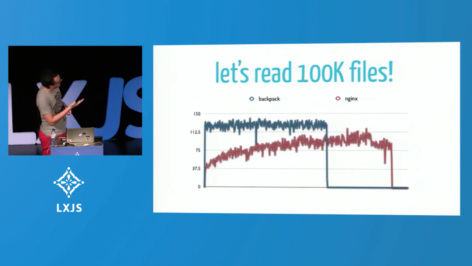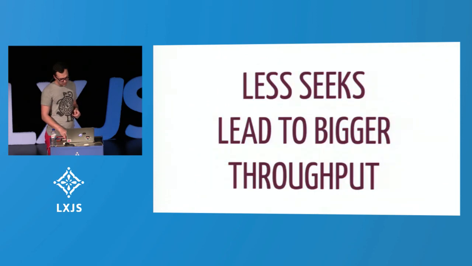As you may see, Backpack performance was pretty stable because we don't depend on the page cache. But Nginx was increasing, but in the end you see, I guess that was increasing page faults, so performance decreased. And we also finished 33% earlier. So the lesson here is less disk seeks lead to bigger throughput.